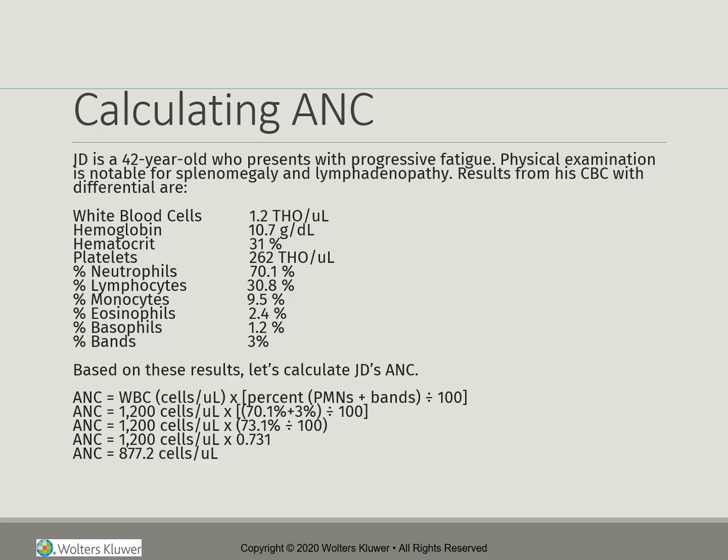This patient's ANC is 877.2. So this patient is above that 500, so they wouldn't need neutropenic precautions, but they are below 1,000, so they do have some level of neutropenia.